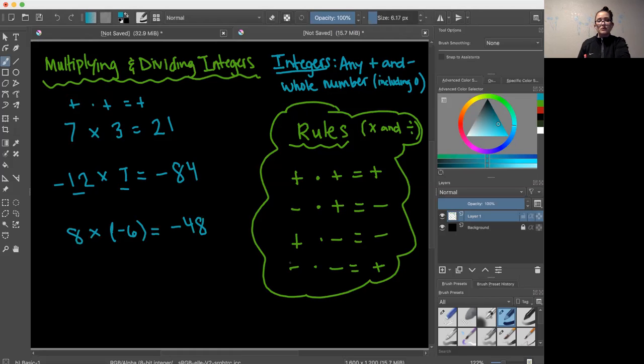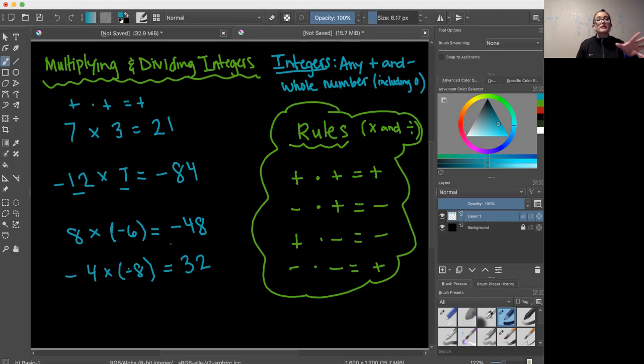And the last rule, I have two negatives. Okay, so a negative and a negative, they're both the same operations. So it's going to get me a positive. And that is going to be 4 times 8 is 32. Okay. So please practice with those rules.